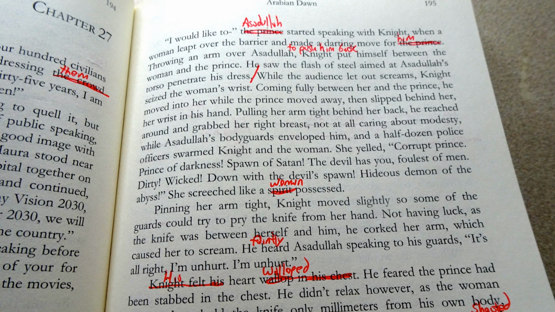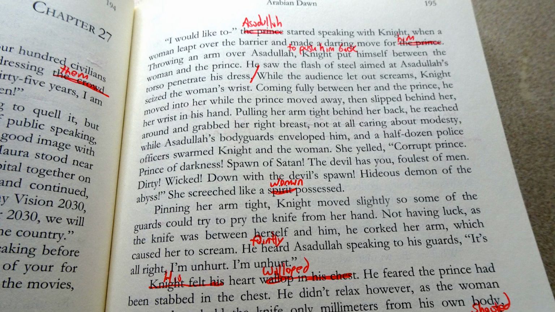I really liked that characterization, that in the aftermath of this assassination attempt, the prince is generous, he's merciful. It's just a crazy woman with a dull knife who tries to kill him. And instead of having his guards kill her, he says that woman is probably mentally ill, so do not treat her like a regular assassin.